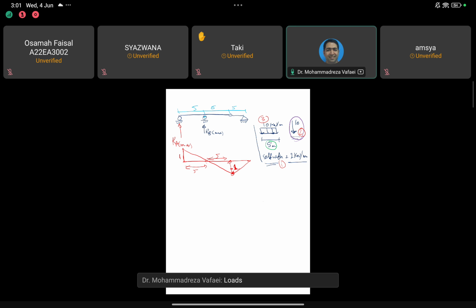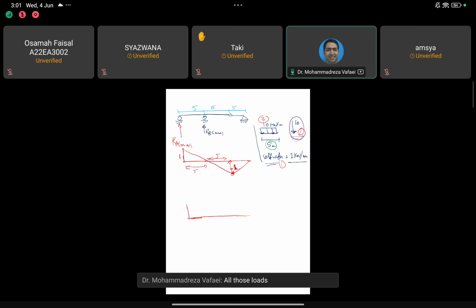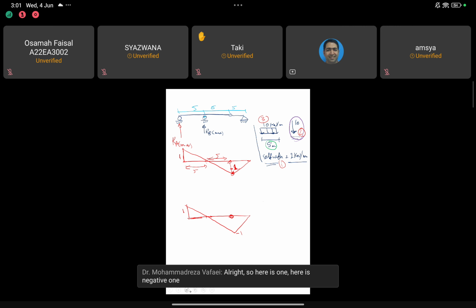Okay? So now that we have our influence line in hand, we need to decide on the location of our loads. Let me just draw it again down here and then see where we should put all those loads to get the maximum of RA. So here is 1, here is -1. Let's start again with the easiest part, which is self-weight.